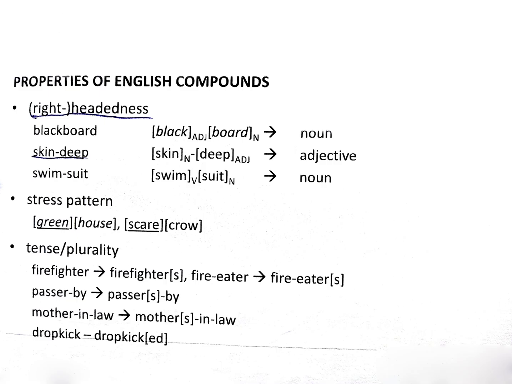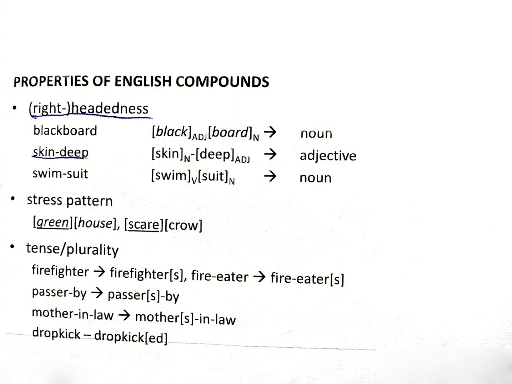Next, I want to talk about the stress pattern. Basically, a formed compound word is built up by a particular stressed morpheme that you want the word to represent, right?